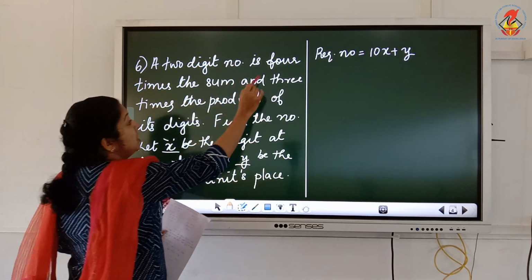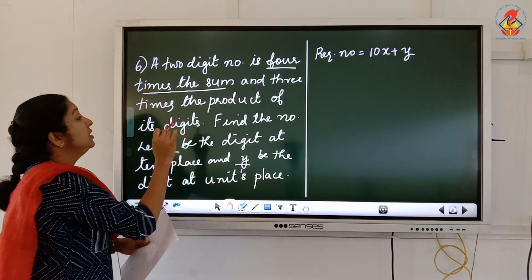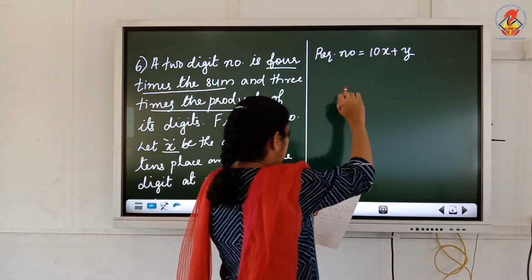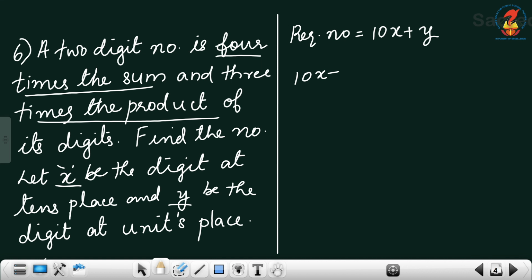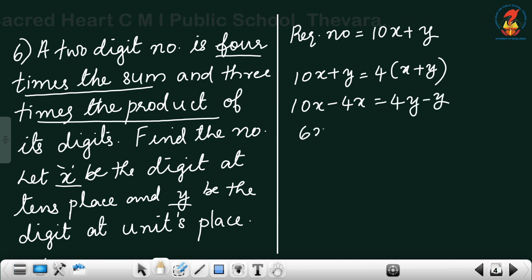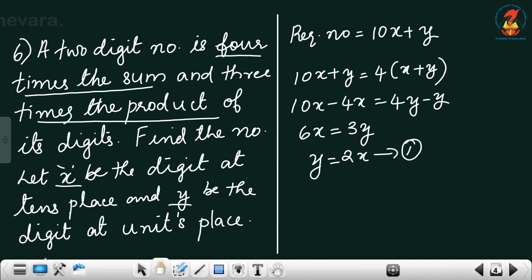Number is 4 times the sum of its digits, so 10x + y = 4(x + y). From here, 10x − 4x = 4y − y. So 6x = 3y, or y = 2x. This is equation 1.